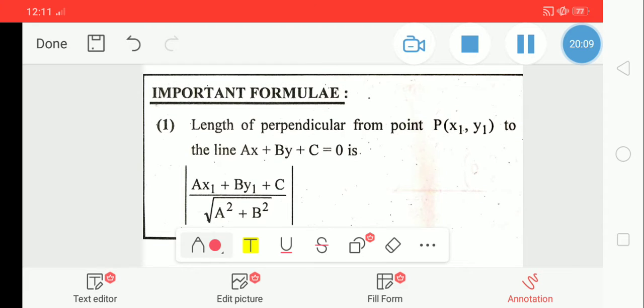Now another formula, that is finding the distance between a point and a line, that is the perpendicular distance from the point to the line.